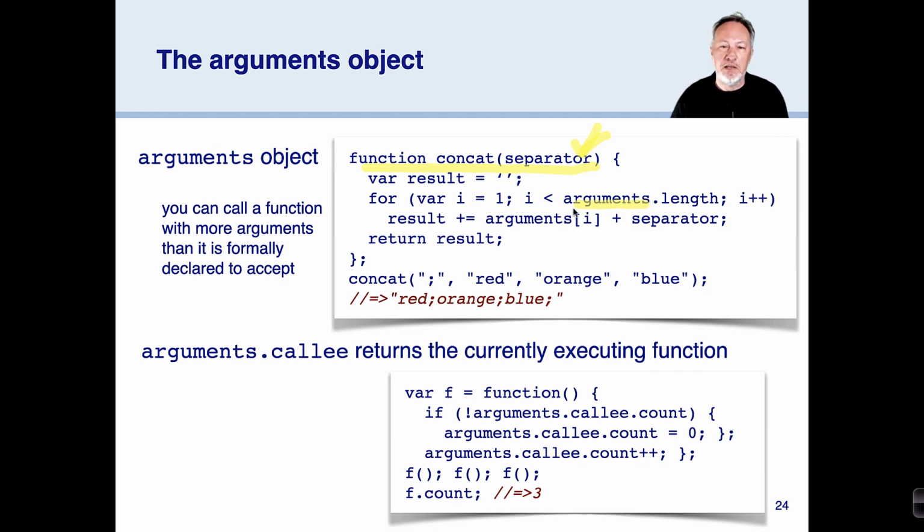Of course, the very first position in arguments is the first argument here, which is named explicitly, but the rest of them starting at position 1 can be accessed from position 1 to the actual length of the argument. So now, if, for example, we invoke concat with semicolon as the first argument, and then red, orange, and blue as the remaining arguments, then we will get as the output red, orange, blue concatenated together, joined together with a semicolon as a separator.